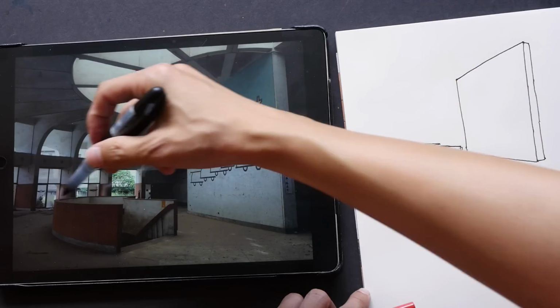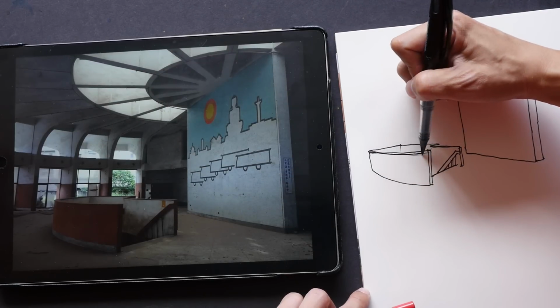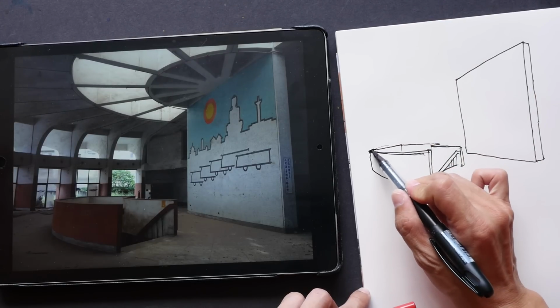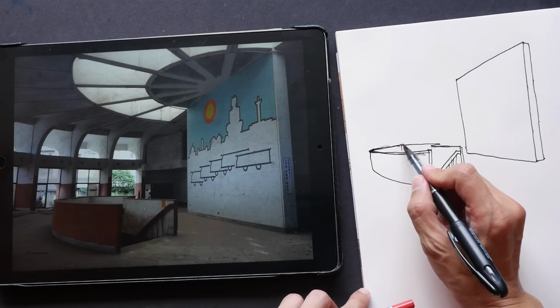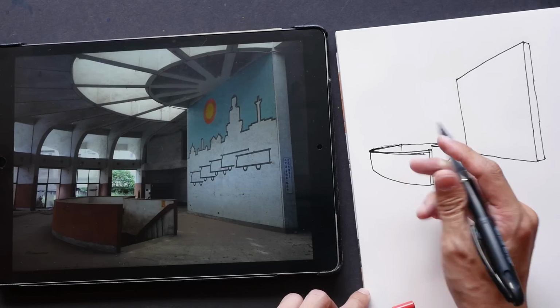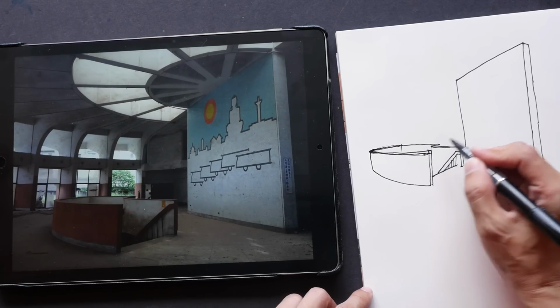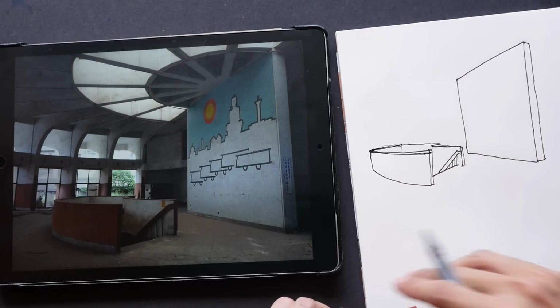So this is supposed to be a curve. When you're drawing, try and make sure that it's some sort of a curve. It's very challenging, definitely, because the curve is very, very slight. So you have to pay very close attention to the curve.